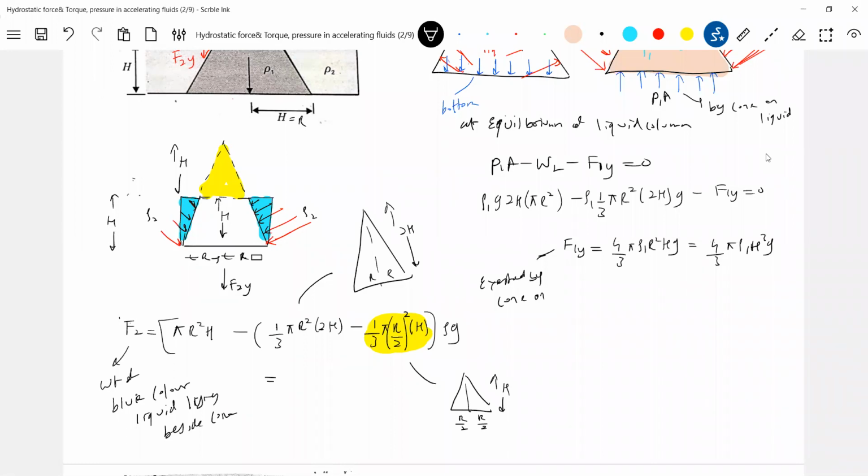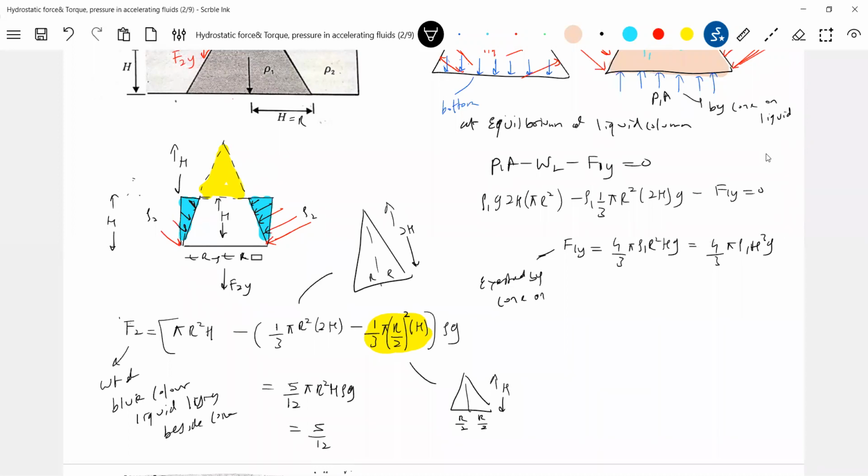Anybody value? 7 pi r square h by 12 into rho g. 7 will come. Check it once. 7 will not be there. Sir, 5 by 12. 5 by 12 pi r square h rho g, where h is equal to r.